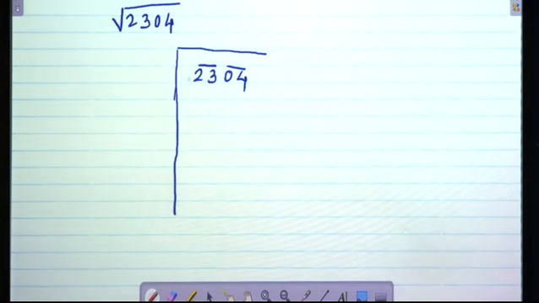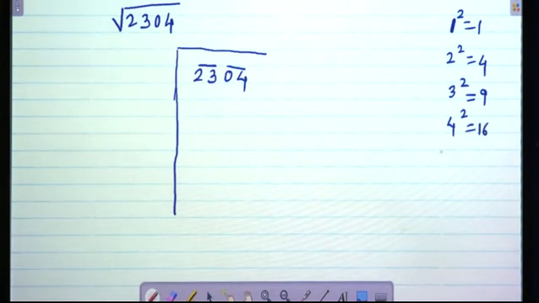Now, the nearest square to 23: we know that 1 squared is 1, 2 squared is 4, 3 squared is 9, 4 squared is 16, 5 squared is 25. The nearby values are 16 and 25, but 25 is greater, it is not less.